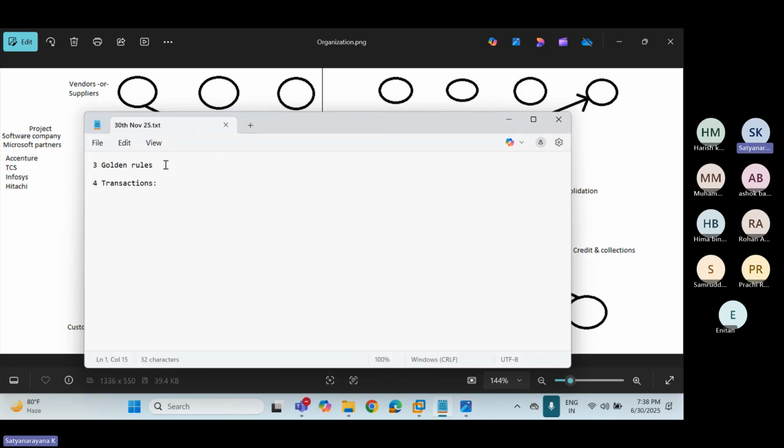So let us focus on the first 4 transactions, and then we'll discuss the 3 golden rules later. So customer invoice, vendor invoice, customer payment, vendor payment.